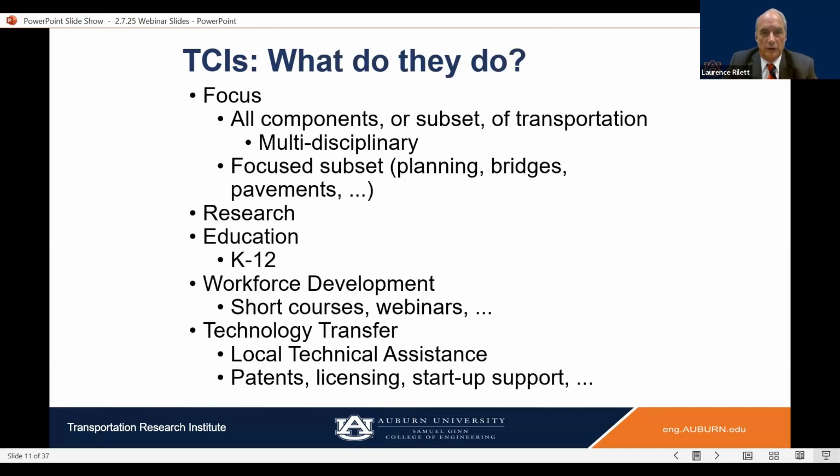So what do they do? Well, they're focused on all components or a subset of transportation, and they're multidisciplinary. Could be a focused subset, could be just planning or bridges or pavements. So they could do everything, all the different parts of transportation, or they could focus on a subset. They tend to do research.